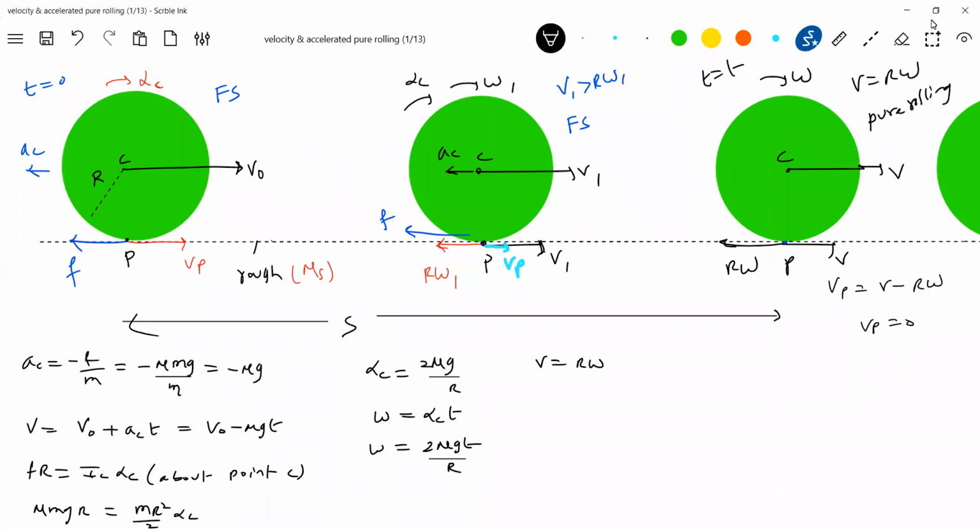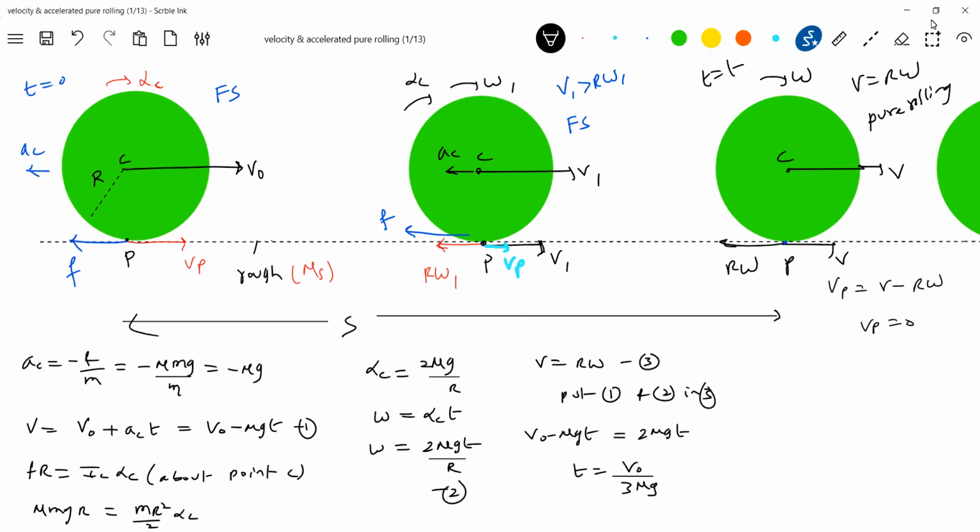Let me substitute here. Put equation 2 in 3. So what is V? V naught minus mu g t. What is R omega? It should be equal to 2 mu g t. So t is equal to V naught by 3 mu g.